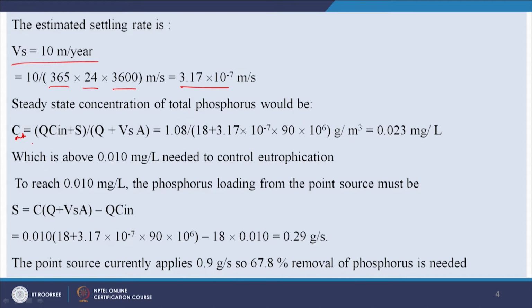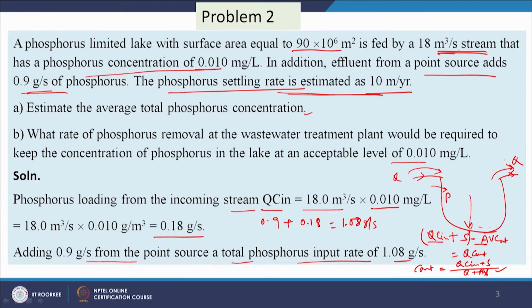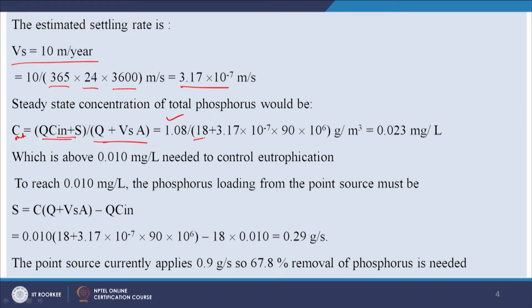So, C out is equal to (Q into C in plus S) divided by (Q plus V S into A). Now we have already calculated this term is equal to 1.08, divided by Q, which we have seen is 18 meter cube per second. So, Q we have seen is 18 meter cube per second.